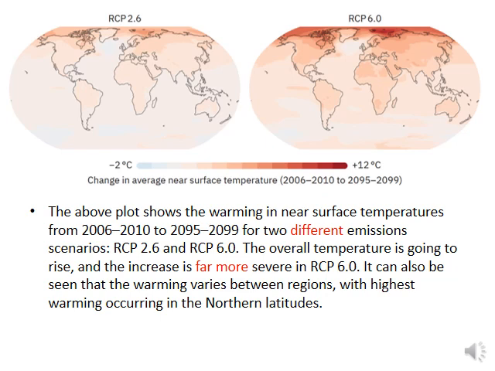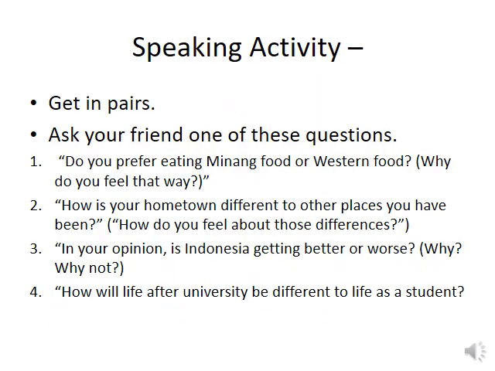The overall temperature is going to rise, and the increase is far more severe in RCP 6.0. It can also be seen that the warming varies between regions, with the highest warming occurring in the northern latitudes. We see this is making the point that it is the greatest, the most is in the northern latitudes.